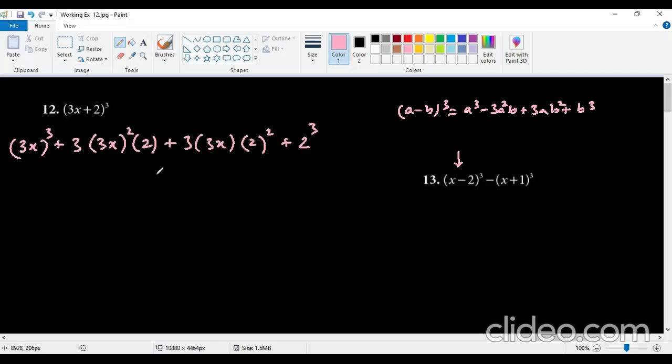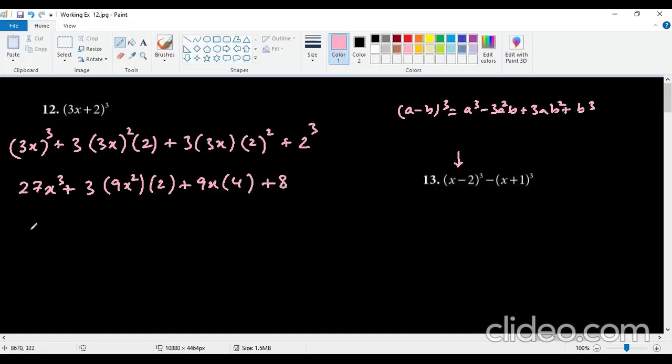Now here, the first one is going to give me 27, 3 times 3 times 3 is going to give me 27x cube. The second one, first we simplify 3, and this is going to give you 9x squared times 2. And this one is going to give you 3 times 3 is 9, 9 times 9x, and this is 4 plus 8.